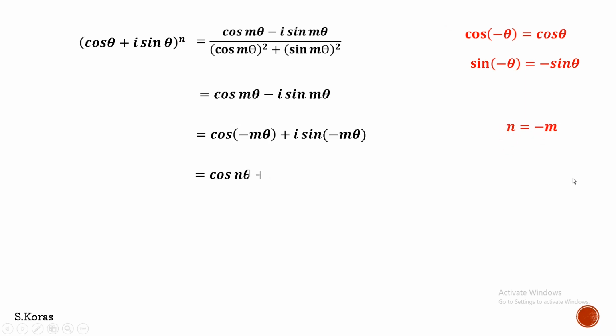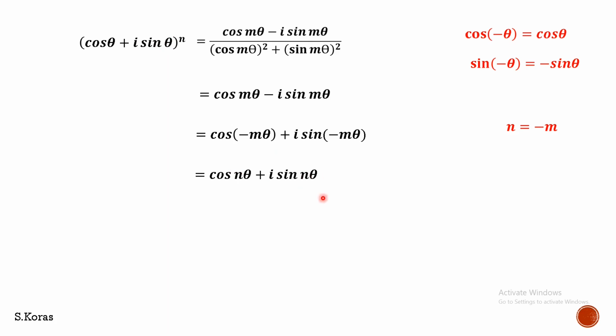So cos n theta plus I sin n theta. So now we have proved cos theta plus I sin theta the whole power n is equal to cos n theta plus I sin n theta. First we proved this for positive integers. Now we have proved this for negative integers also.